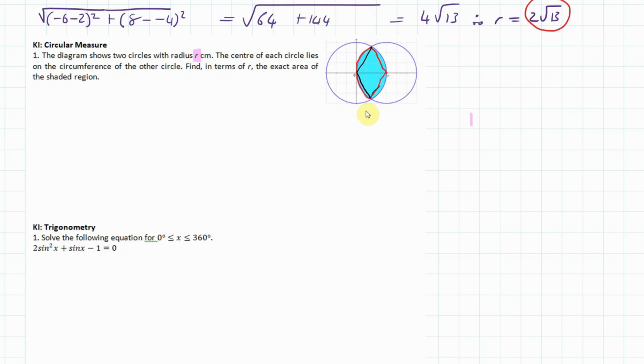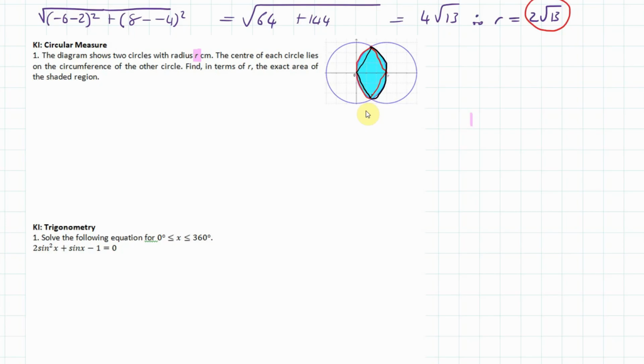Sorry, no, it wouldn't go along the red line. It'll go around here. And what you'll see is if we work out both of those, the black sector and the red sector, then we'll have this diamond shape in the middle twice, right? That'll get counted twice, so we'll need to subtract that once.